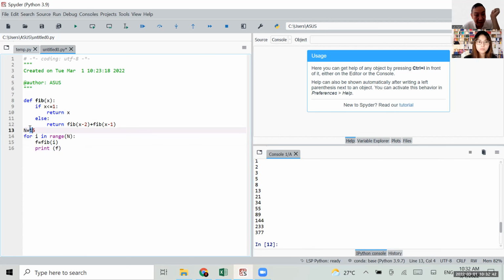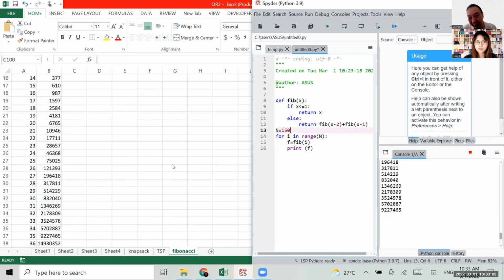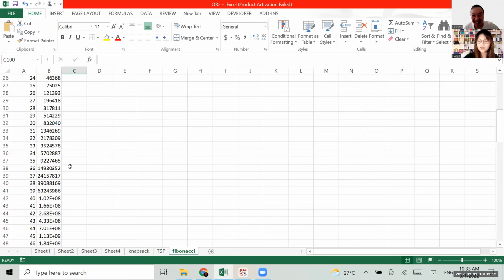You can get again. Okay, now you can check this with Excel. Your Python is hung, right? 150 is too big for Python.